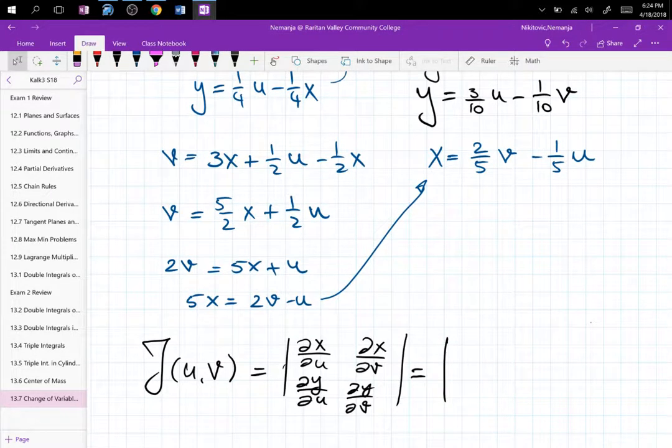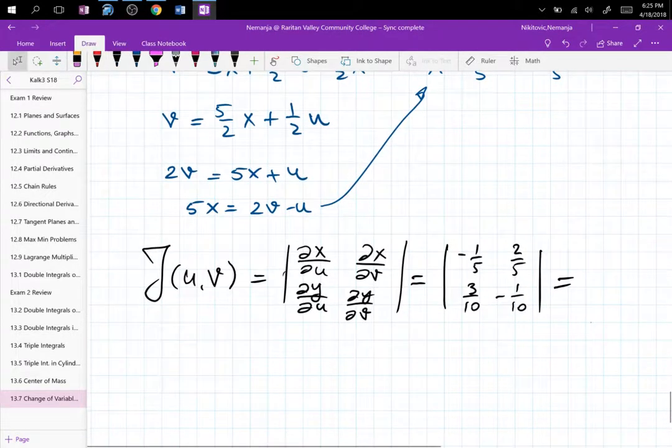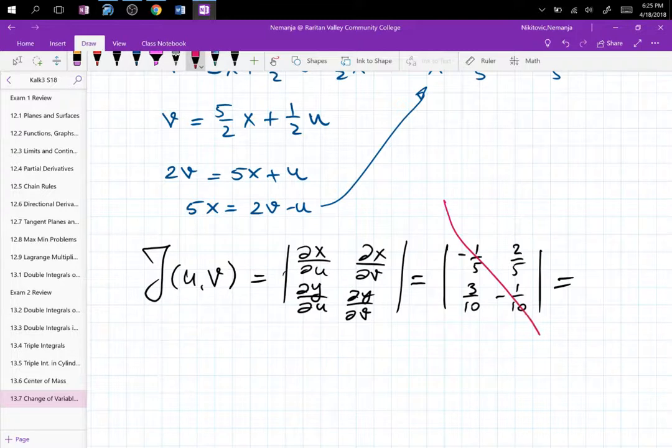So partial x of u is negative 1/5. Partial x of v is 2/5. Partial y of u is 3/10. And partial y of v is negative 1/10. I hope you remember the way to solve the determinant for 2 by 2, because that has been ancient history, exactly. So we go that way.